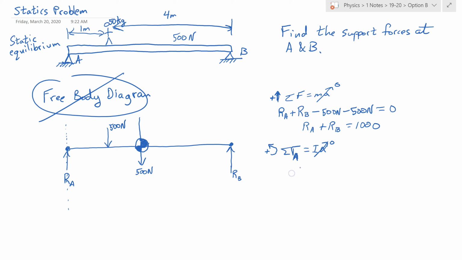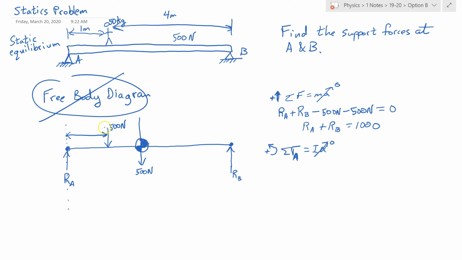So because I chose point A, the unknown force that's acting through point A doesn't actually exert any torque. That's the thing that lets you eliminate unknowns when you're solving these problems. When you pick a point and an unknown force acts through that point, you don't have to find that force anymore. Or if you need it later, there's going to be another way to find it, as we'll see. So that exerts no torque.